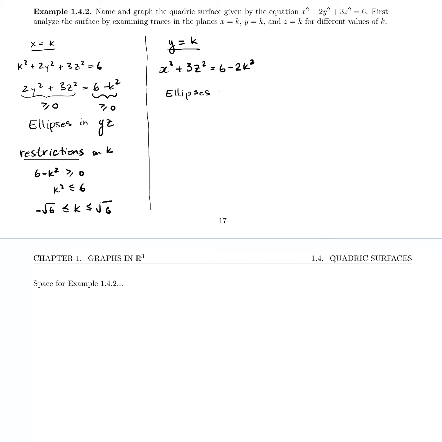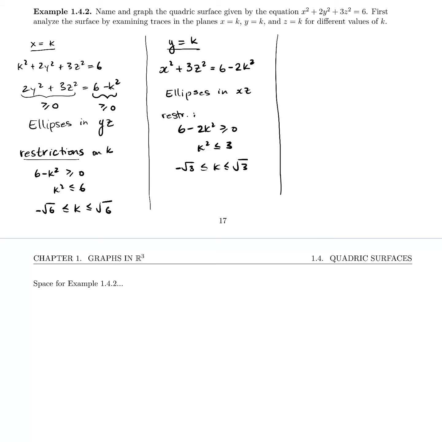We have ellipses in x and z, right? The variables are x and z. So if ever you forget what coordinate plane you're parallel to, you can see by looking at the variables here. We also have restrictions again: 6 minus 2k squared must be greater than or equal to 0, which means k squared has to be less than or equal to 3, or negative root 3 is less than or equal to k is less than or equal to root 3.